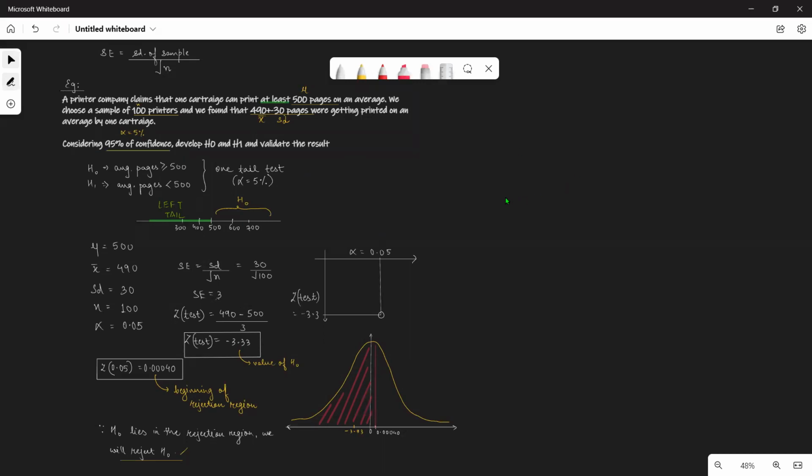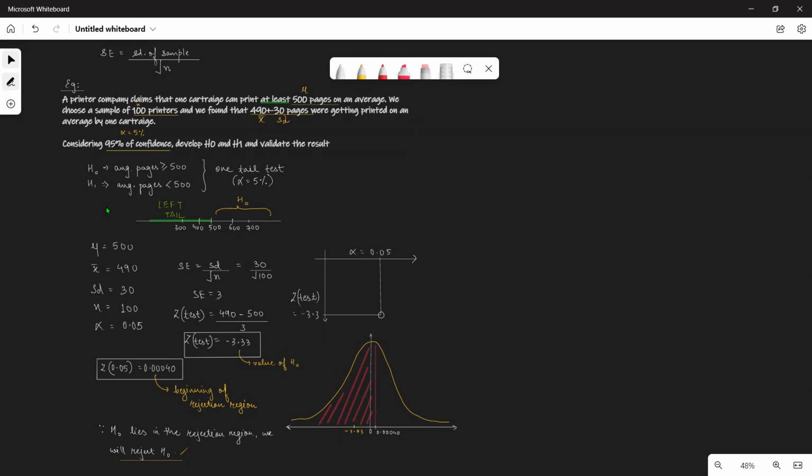I'll give you one question right now, but prior to that, just tell me if this example is very clear. We have to first of all look into the steps. If you look at the entire question that we have solved, there are a few steps that we have followed. What are the steps? First of all, we developed H0 and H1. Then we determined whether it is a one-tailed test or a two-tailed test.